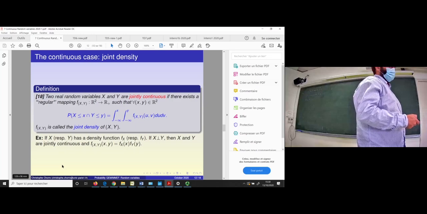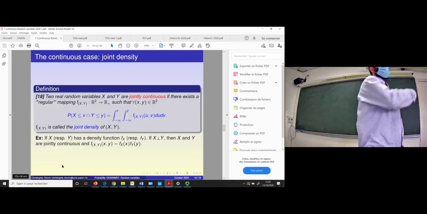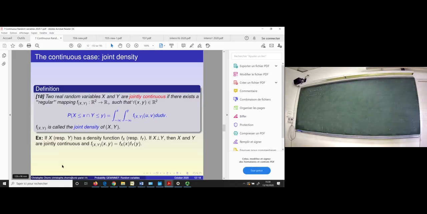So we are going to start from this part, and we are going to see what happens in this particular case. And we are going to see that in this particular case, the joint density will be related to the density of each component here, x and y. So let's see what happens. I am interested in the probability that x is less than small x intersected with y less than small y. What can I use in order to compute this?